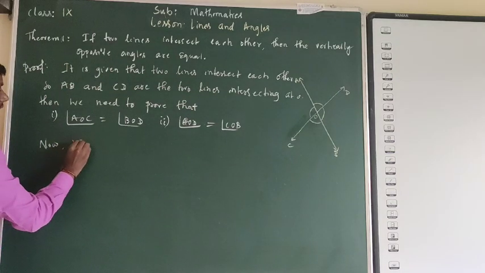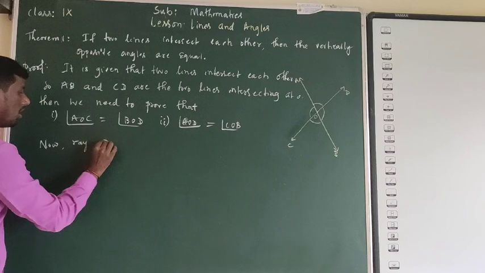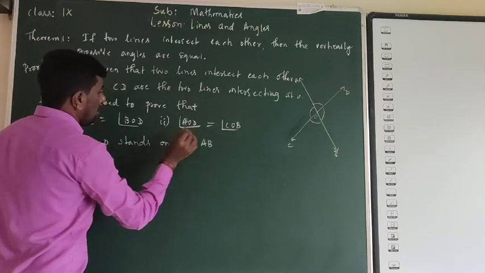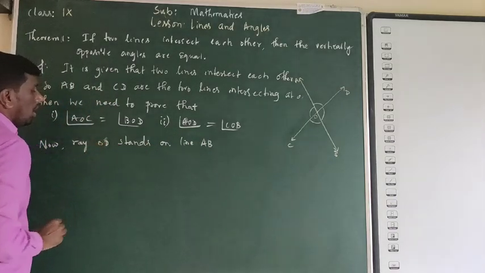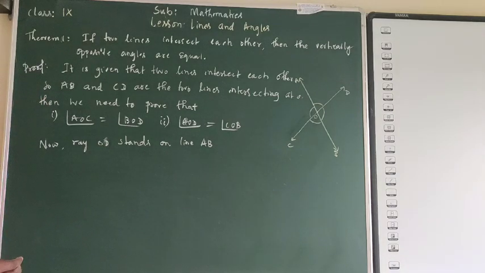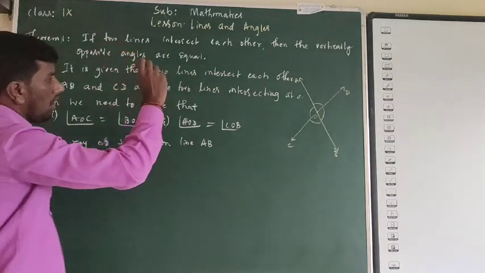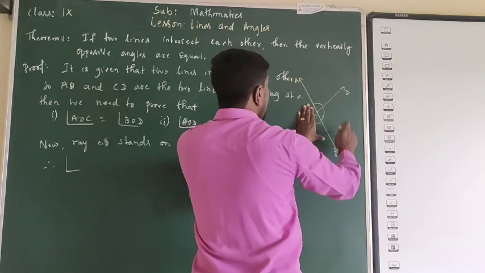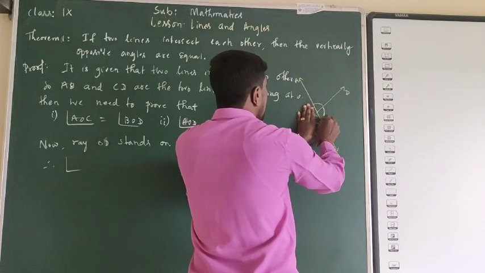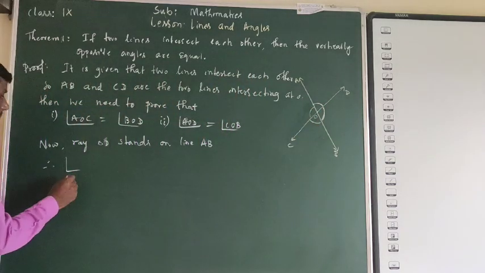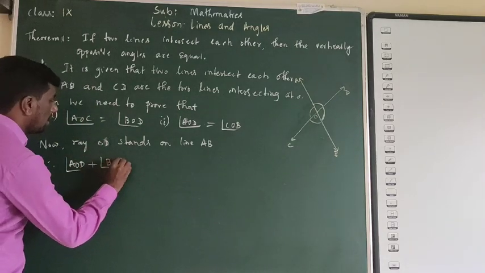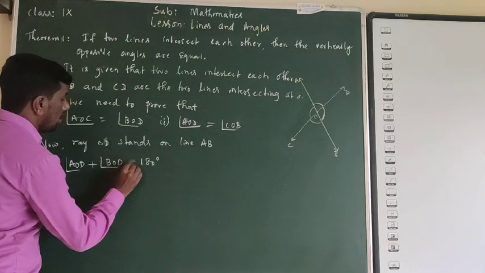So now ray OD stands on line AB. Therefore, angle AOD plus BOD, this angle plus this angle, is equal to 180 degrees.